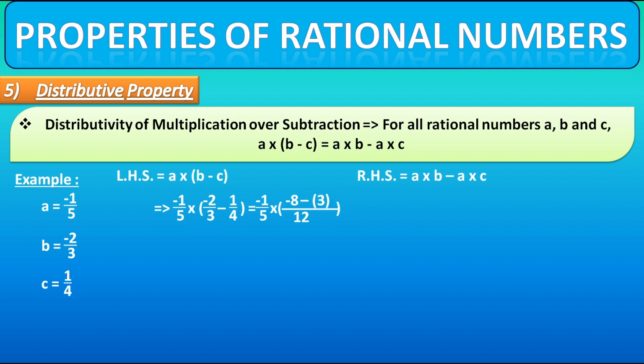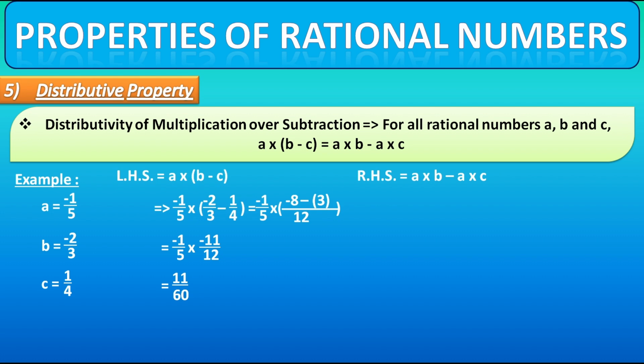So now minus 8 minus 3 will give you the answer as minus 11 upon 12. Okay, now we have to multiply this minus 11 upon 12 with minus 1 upon 5. So minus 11 into minus 1 will give you plus 11, and 5 twelves are 60. This is the answer of the LHS part.